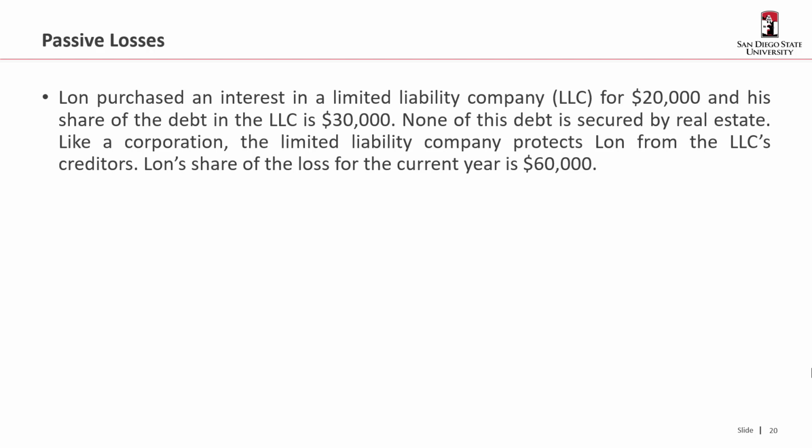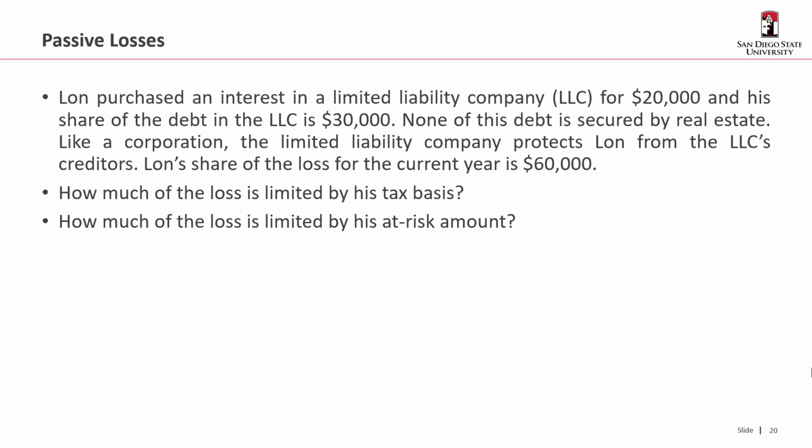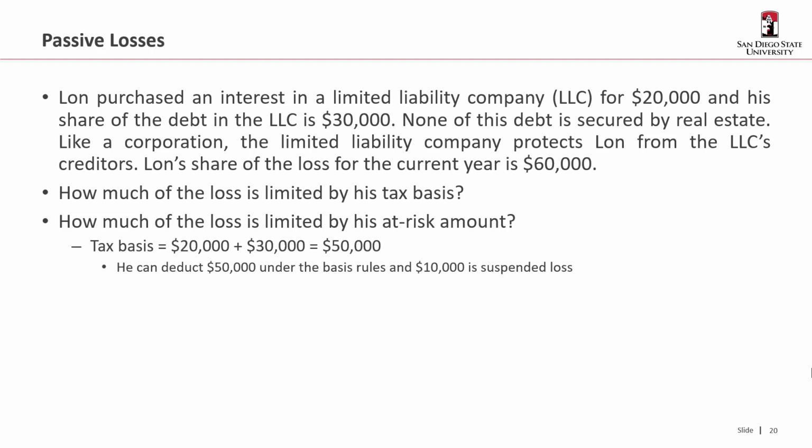Okay, so the reason we walked through basis, at risk, and passive in that order is we have to apply these hurdles to Lon's passive investment. So first we need to figure out how much of that loss is limited by his basis. Then we figure out how much of that loss is limited by his at-risk amount. Okay, so what is Lon's basis?